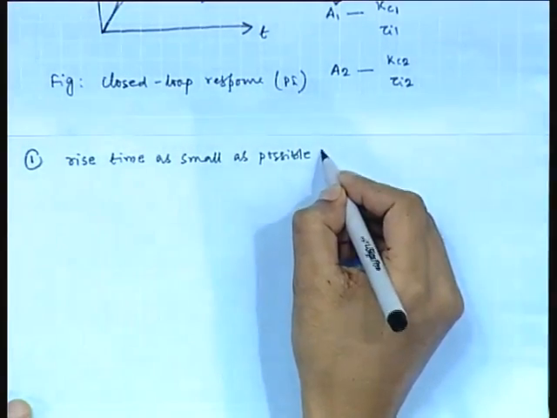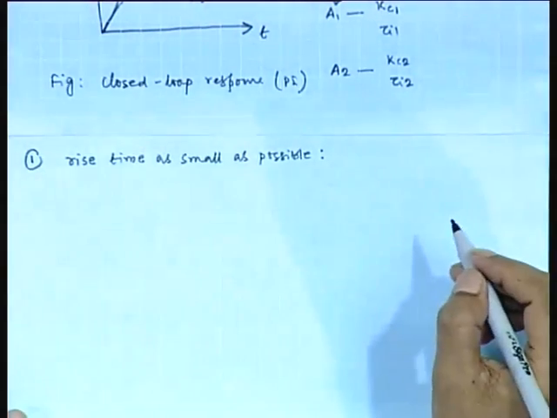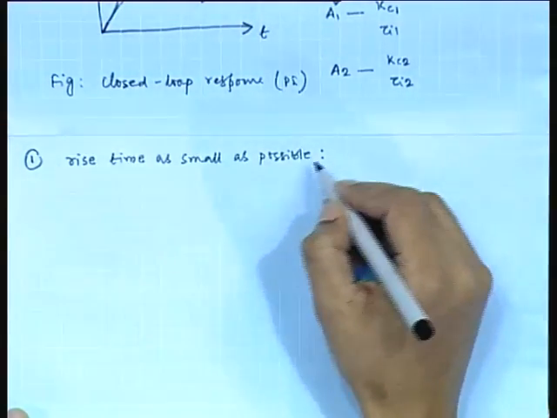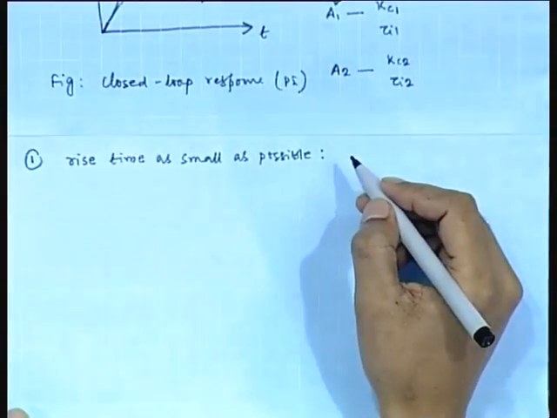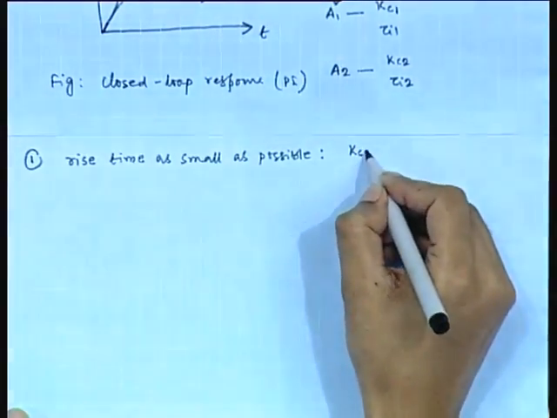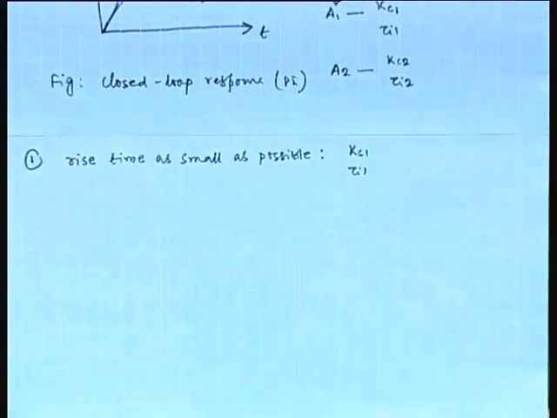This is our target. So, which tuning set we will prefer? If we need to keep the rise time as small as possible, then we will prefer the tuning set corresponding to A1. I mean we prefer Kc1 and tau I1.